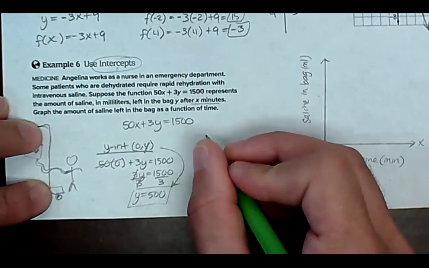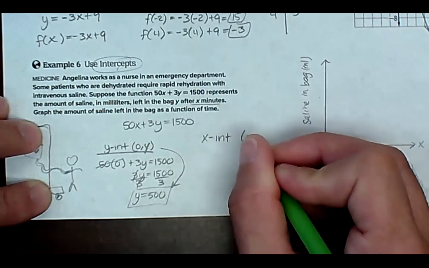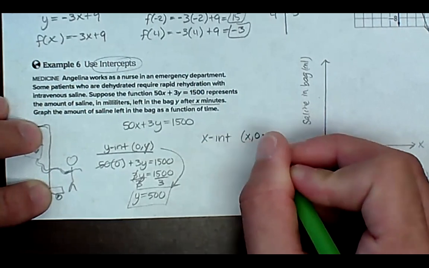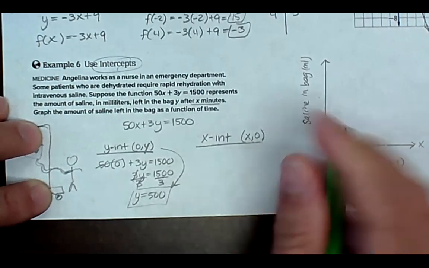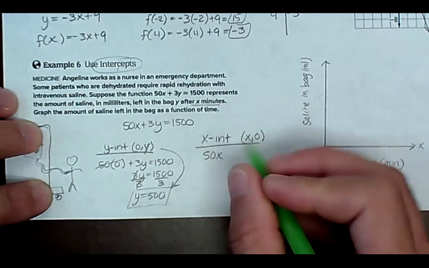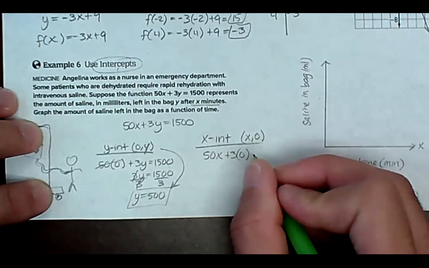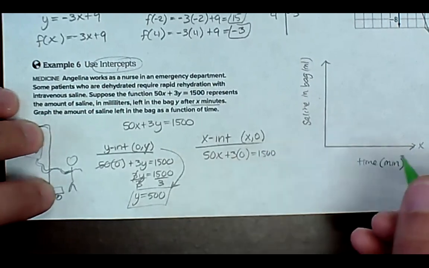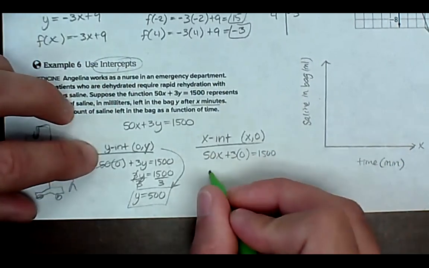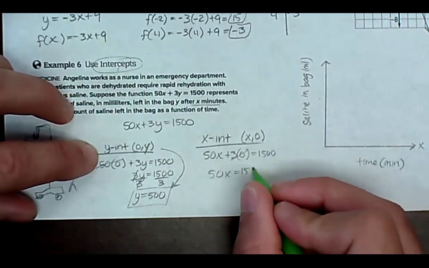Our x-intercept is pretty much the same idea. The x-intercept is where our y value is 0. We will put a 0 for the y value and solve it. 50x plus 3y equals 1500. That's going to give us 50x equals, obviously that goes away as we mentioned before, 1500.